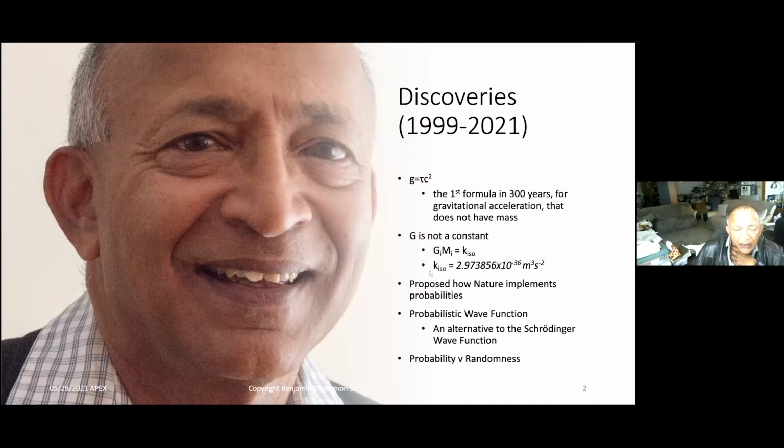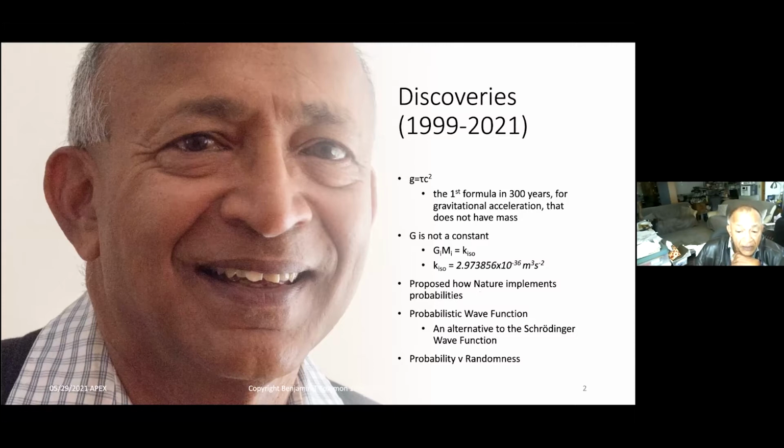I also showed that the gravitational constant is not a constant, it's a coefficient. It's inversely proportional to the isotopic mass of the element. And I proposed how nature implements probabilities. That's basically what we're going to talk about, and the consequences of that for Scheuer's EM drive.